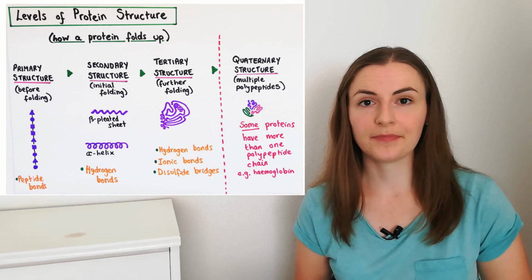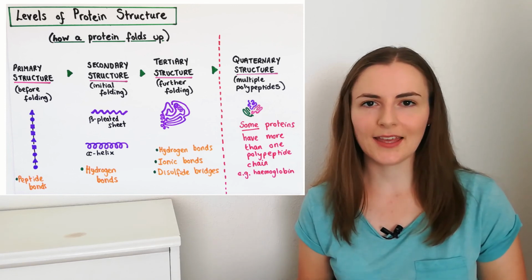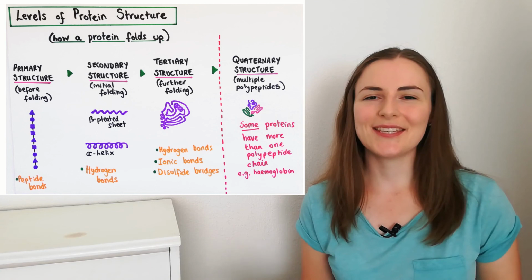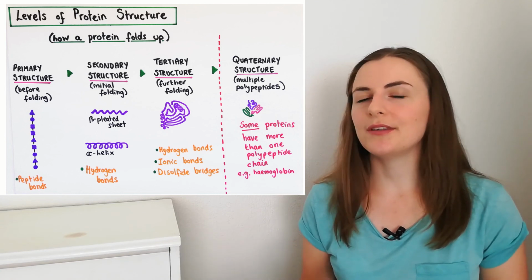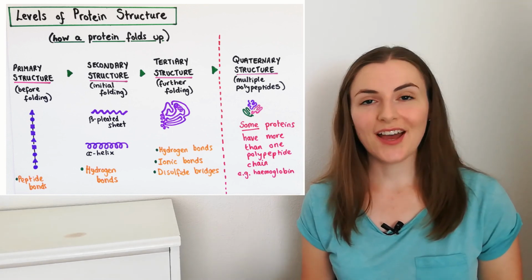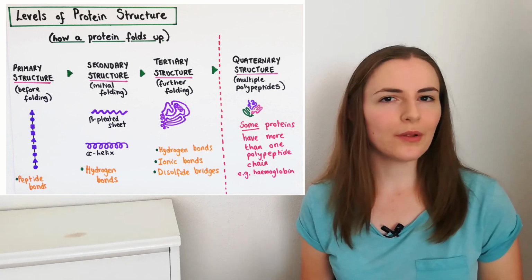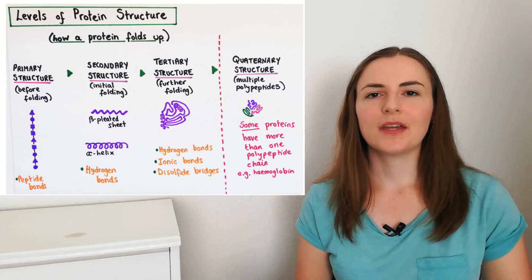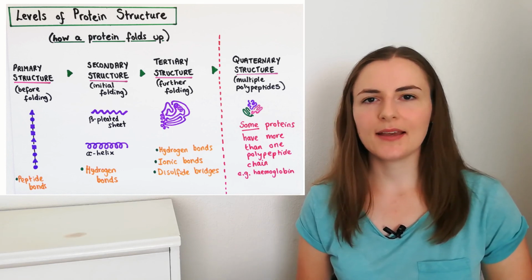Tertiary structure is the further folding of the chain into its 3D unique shape. And quaternary structure is when more than one polypeptide chain joins together to make a bigger protein.